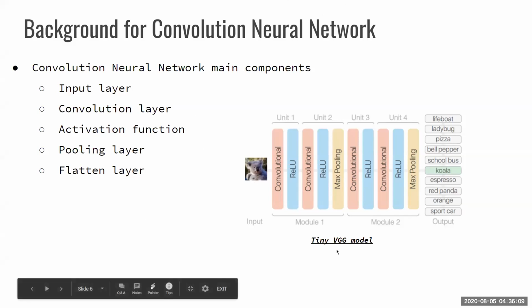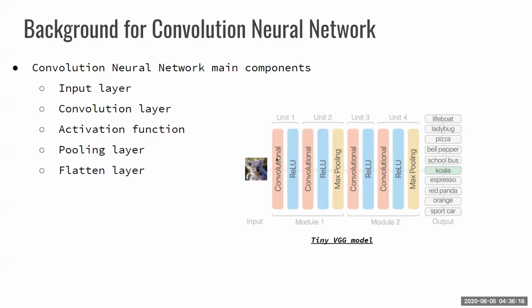So these CNN models always have a convolution layer in each step. Then each of these convolution layers is followed by an activation layer or activation function. And then we have an optional max pooling or average pooling layer in general.